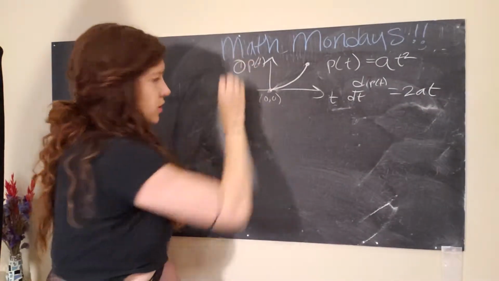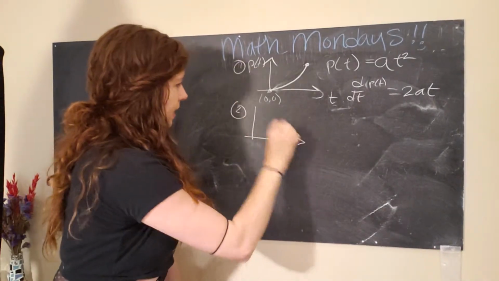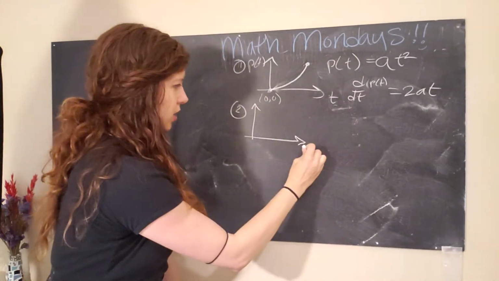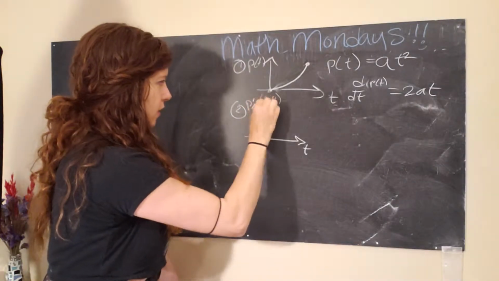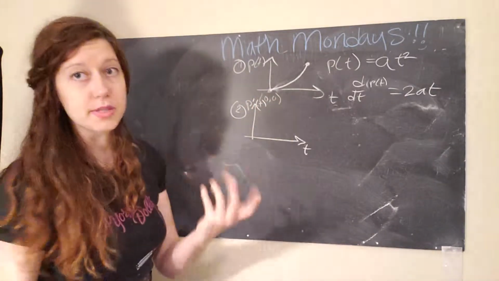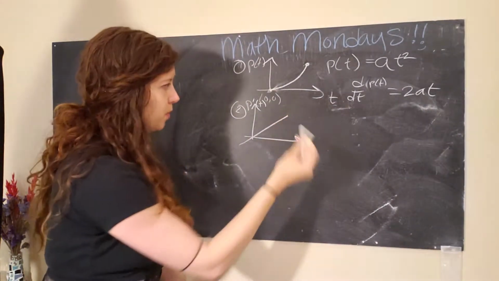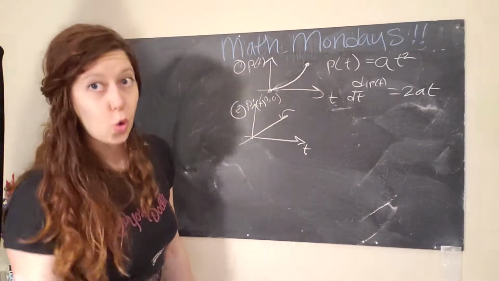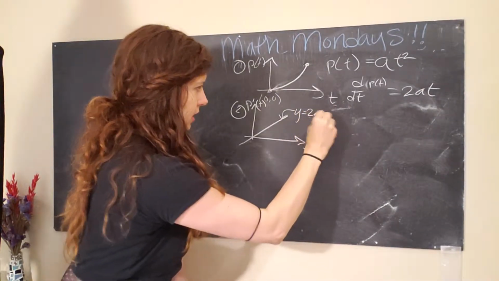And so if this is the graph of our position, we can draw the graph of our velocity and ask, how is the velocity changing? So this is time. This is going to be the first derivative of our position. And so in this case, we end up with a straight line. A straight line with the equation y equals 2at.